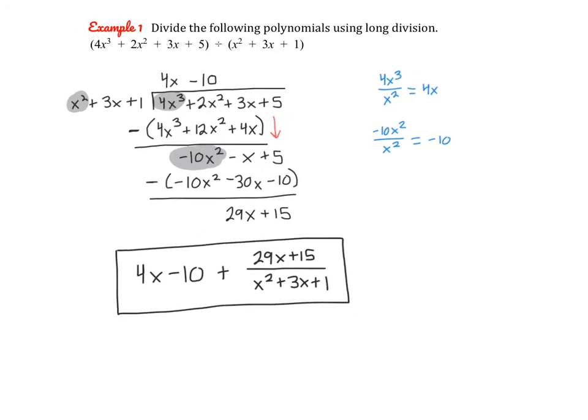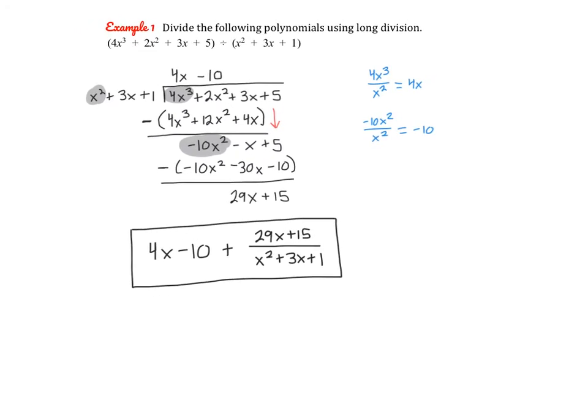Now you may also be asked to write your answer as a product of different polynomials. So another way to write it is you start by writing the polynomial that you started with, that first polynomial. So you would say 4x cubed plus 2x squared plus 3x plus 5.